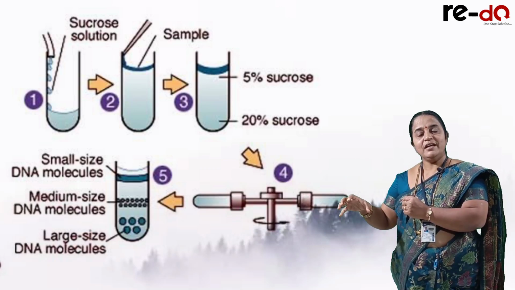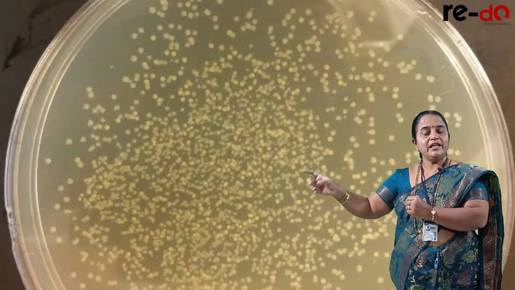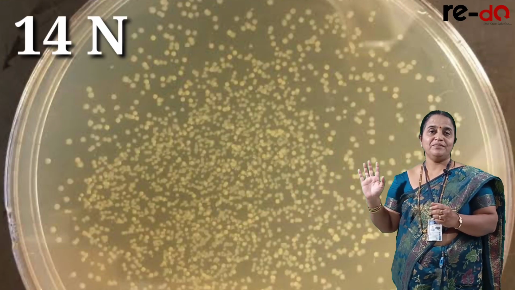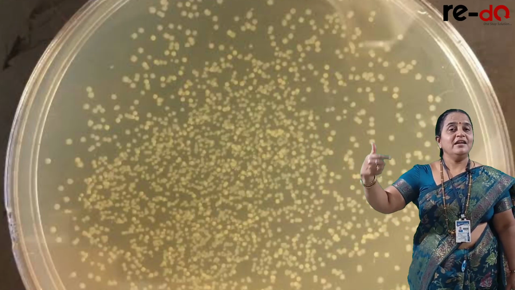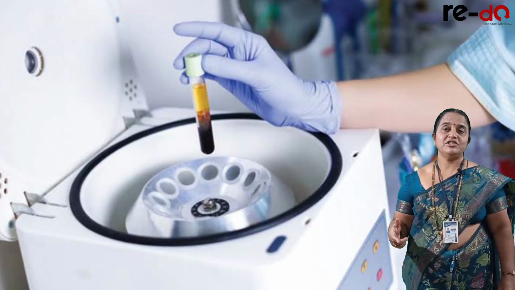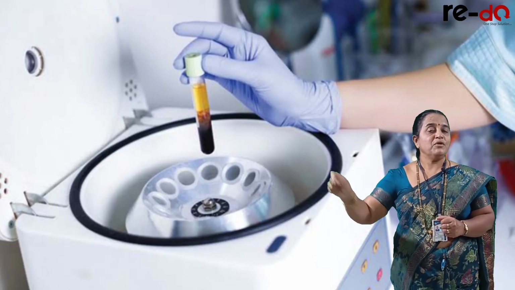These bacteria again grew in a petri dish containing the same medium, 14N. And the third generation's bacteria were subjected to centrifugation with the same medium, adding cesium chloride.